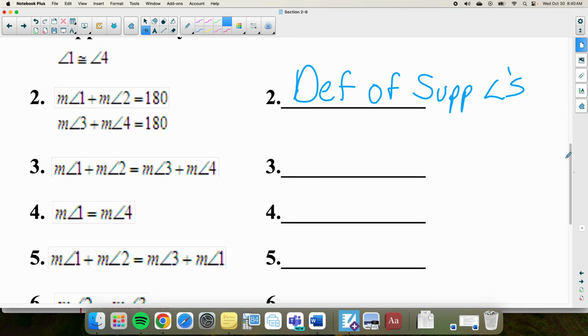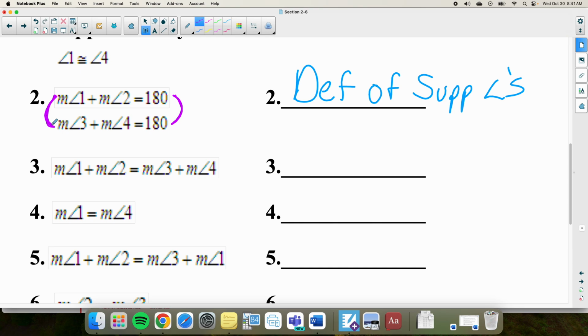Now, this is what we have, and do you guys see how they went from step 2 to step 3? Yeah. Do you remember how I said if these two sides are equal, these two sides are equal? And that's always going to be substitution property when that's the case. If these two are both 180, then those two have to be equal.